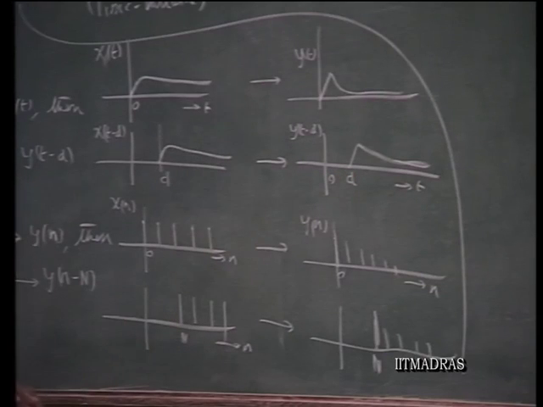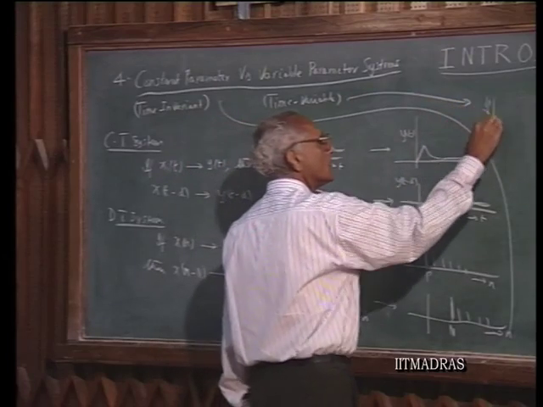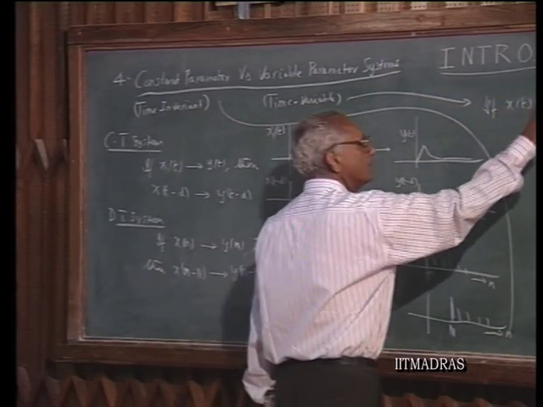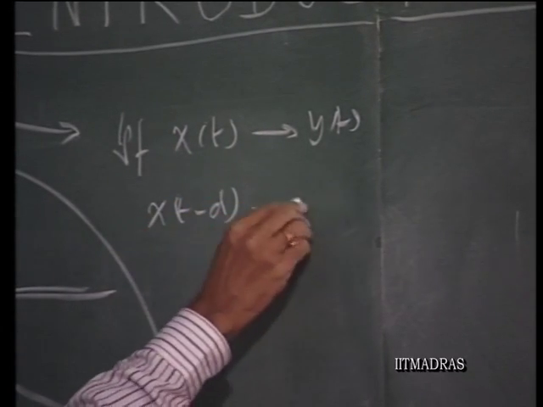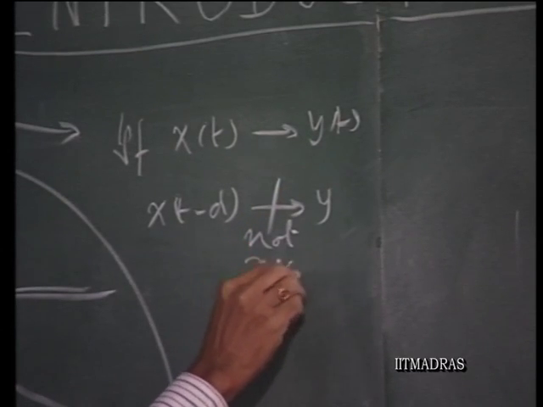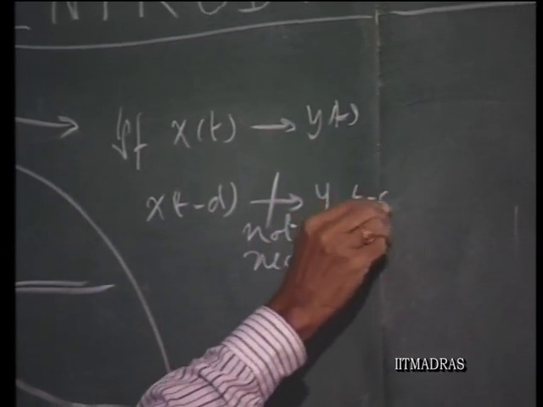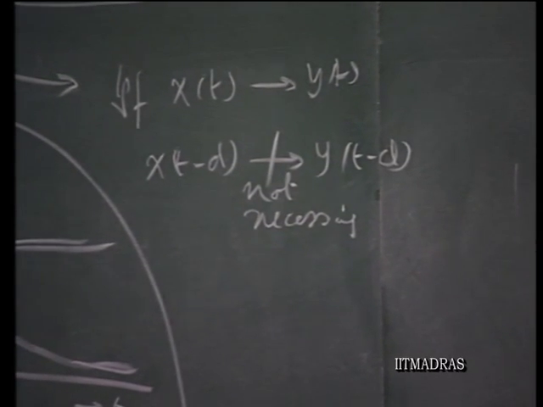And that is the reason why this property will not be valid for a time variable system. In a time variable system, if x of t gives rise to y of t, then x of t minus d does not necessarily give rise to y of t minus d. So, you cannot say anything about it unless you know the actual behavior of the variables with respect to time.